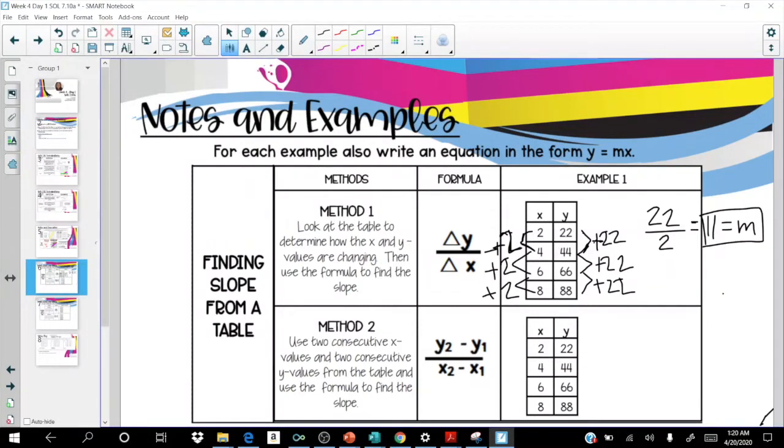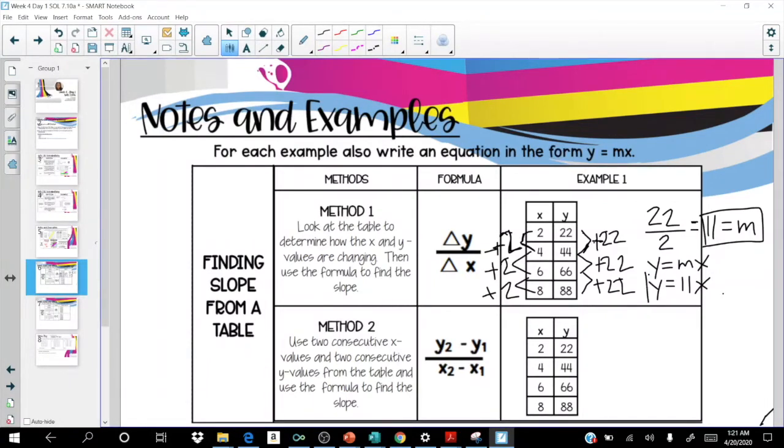Okay? So now we are going to practice writing an equation that represents that relationship. So we're going to use y is equal to mx. All you do is replace m with the slope that you found. And our slope was 11, so you replace m with 11 and write the rest of the formula. And that is all.